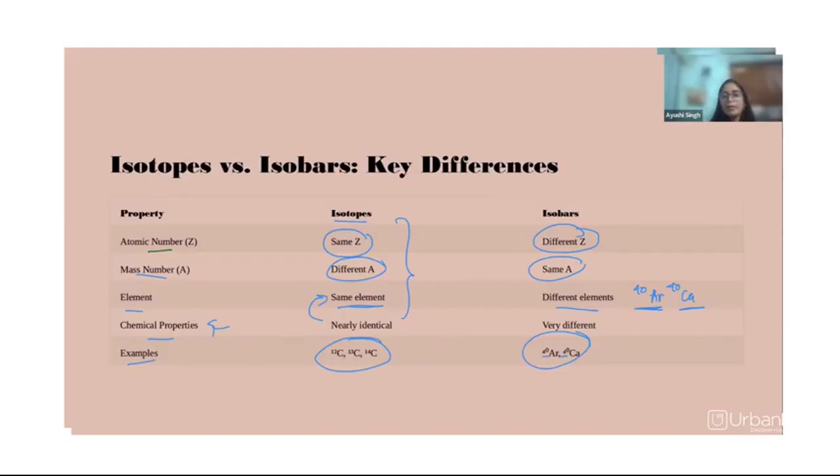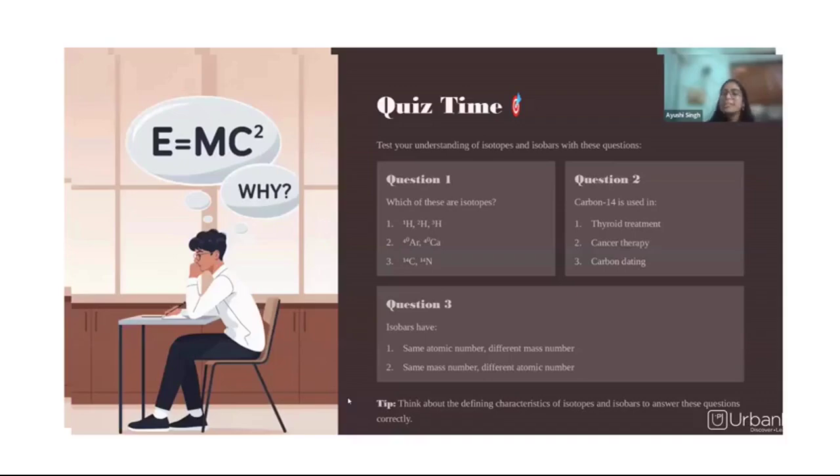Right? Okay, so now you can answer these questions. The first question is, which of these are isotopes? If you can recall whether isotopes are made up of the same element, and whether their mass is the same or not, then you can answer this question.